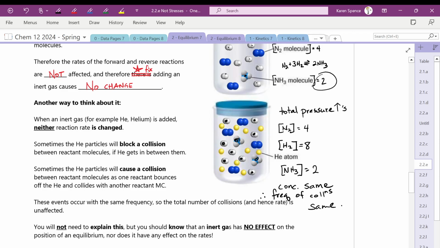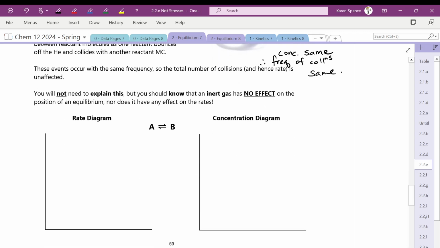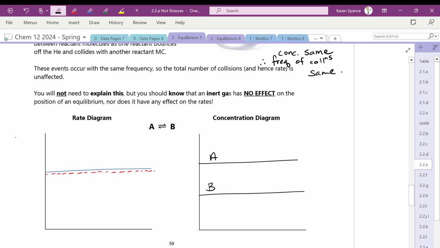You will never need to explain this. You should know that an inert gas has no effect on anything. Forward, reverse. A, B, rate, time, concentration, time.